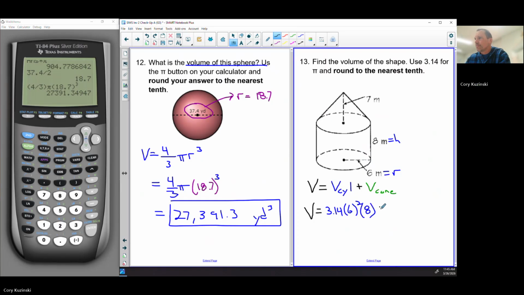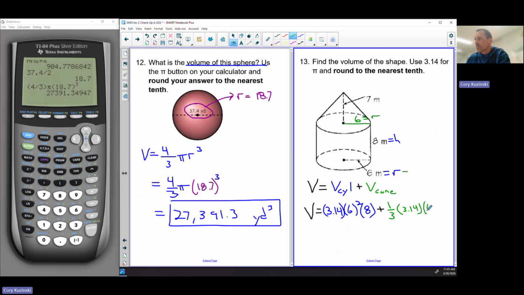plus 1/3 pi r squared. So let's go 1/3 times pi. I'll put this 3.14 in parentheses too, just to kind of clean things up, times our radius, which is, this is also our radius right here, 6.